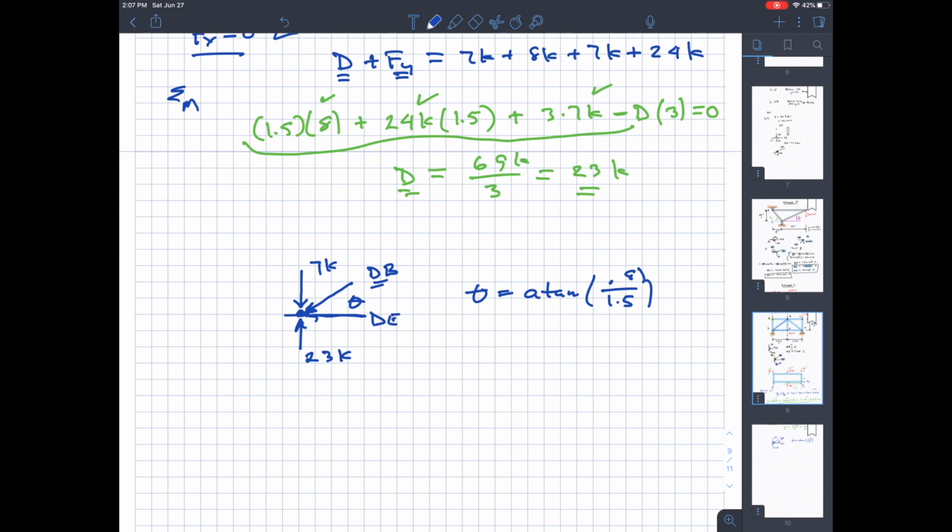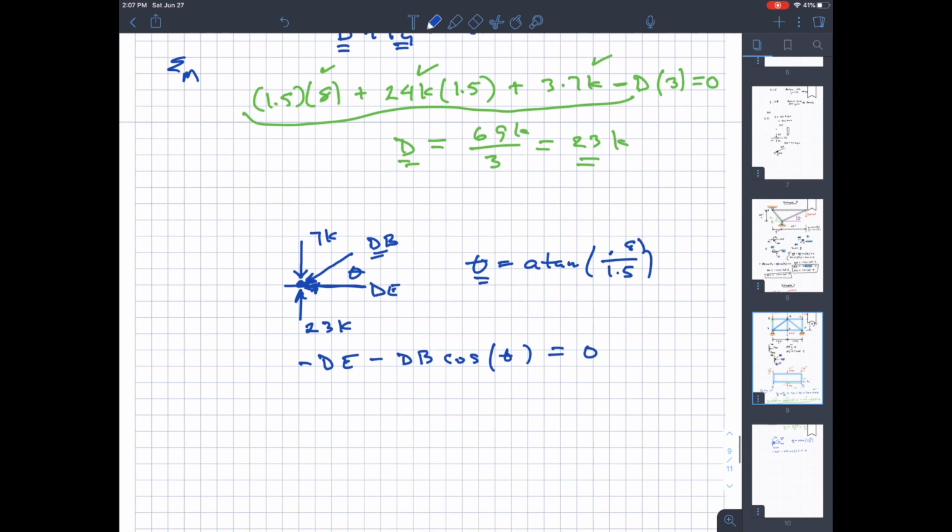Now I can write sum of forces in the x direction. That gives me DE with a minus sign because it's moving back to the left, minus DB cosine of theta. Theta is known. When you sum those up, that's equal to 0.